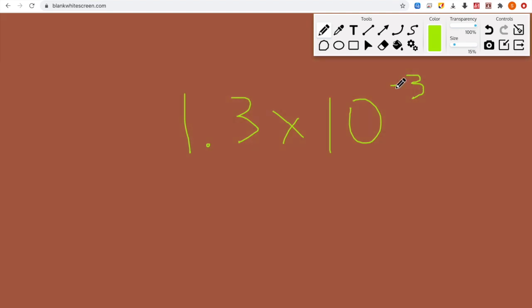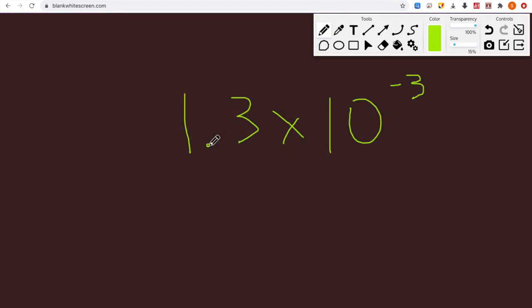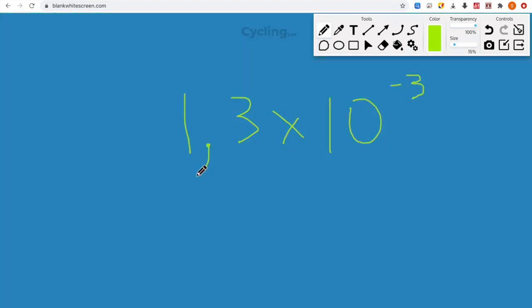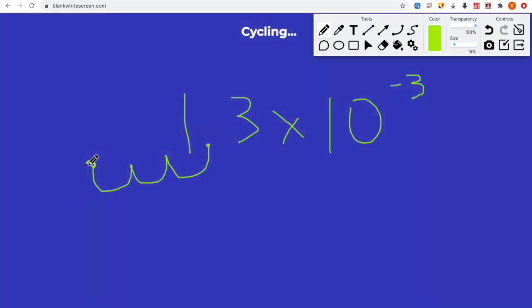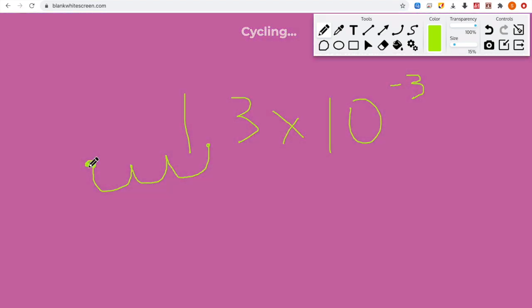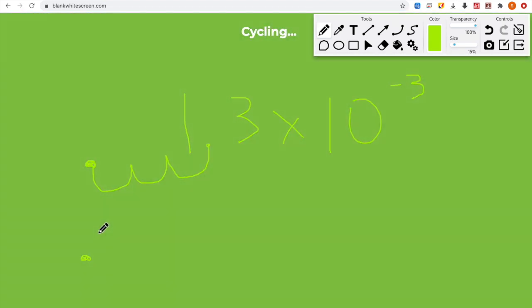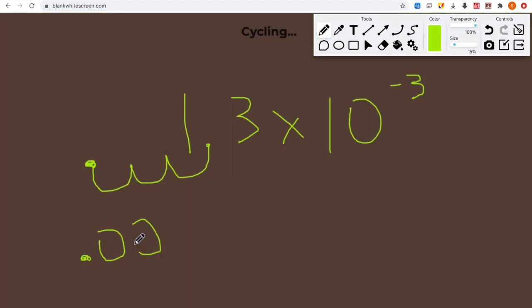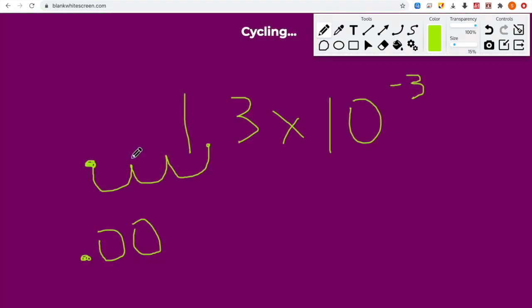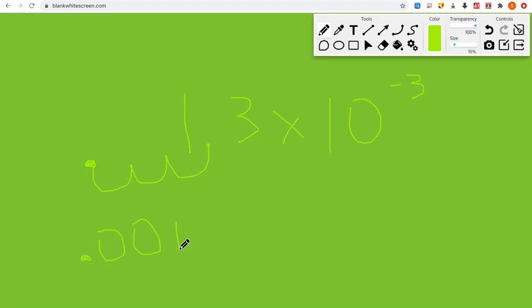If it's negative, you move the decimal to the left. So we're going to go 1 space, 2 spaces, 3 spaces, and this is where our new decimal is going to go. Writing it in decimal form, I'm going to put 0.001 3, filling in those blank spots with 0, 0, 0.0013.